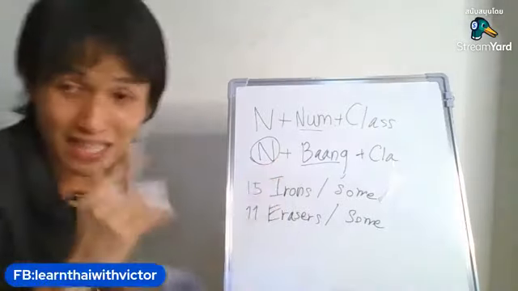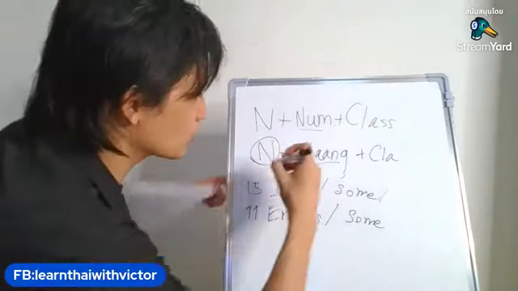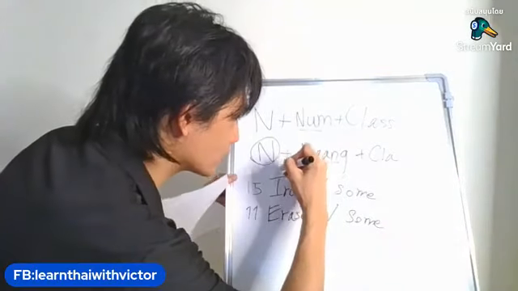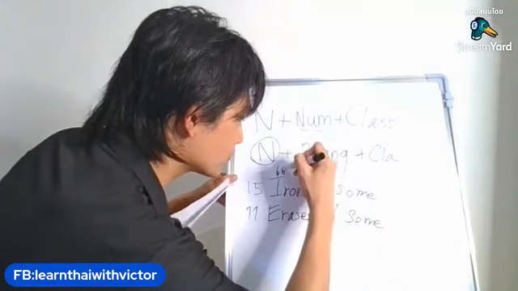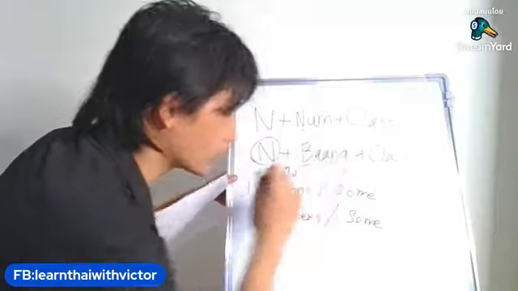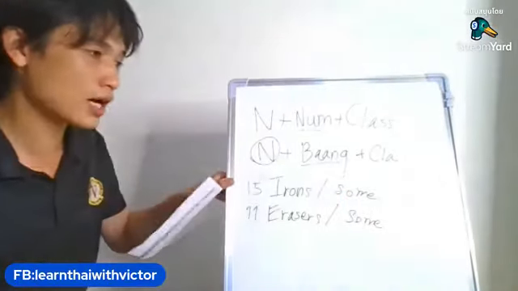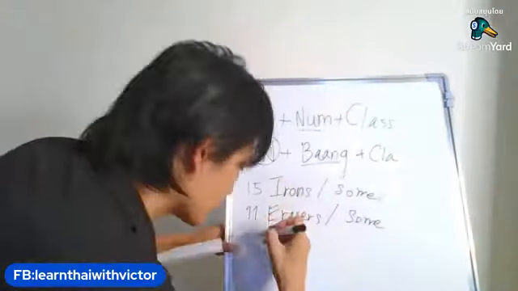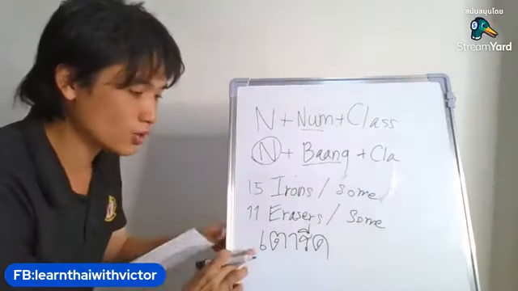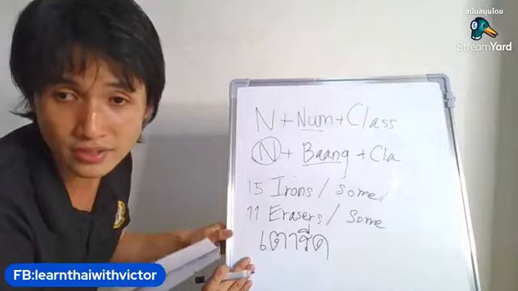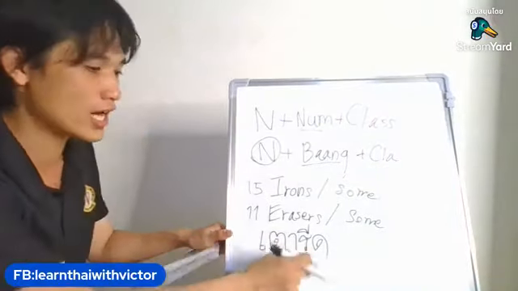In Thai script, you write it like this, เตารีด. This means irons, เตารีด, with the high tone here.